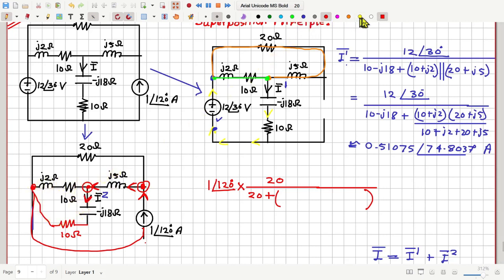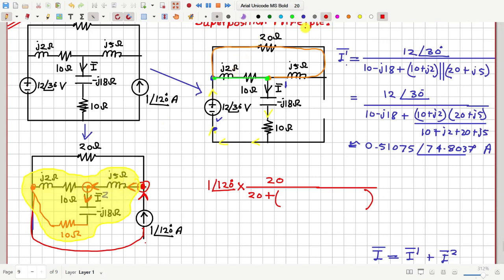How much is the impedance from here to here considering these two together? So let me indicate that this way. How much is the total impedance of this yellow region from its right side to the left side?